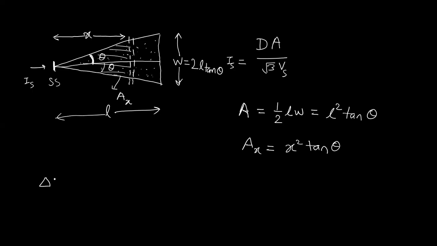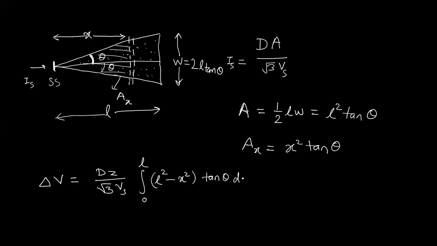So voltage drop, I will just write that equation here. So voltage drop is basically D by root 3 Vs, integration 0 to L. We are interested in total voltage drop, which is happening over A minus Ax. So A minus Ax, that is basically L square minus x square, and tan theta we can take outside as a common entity.